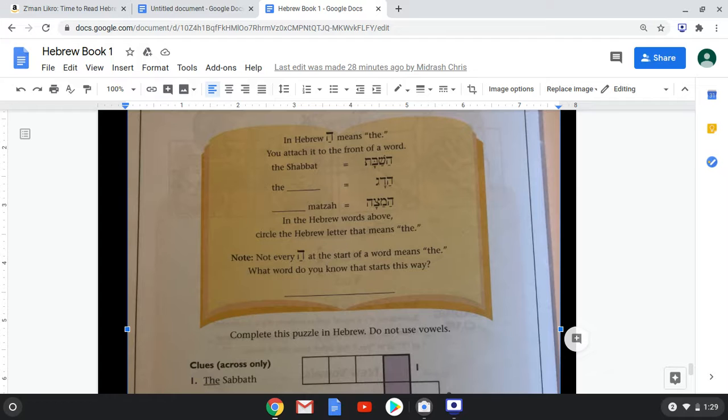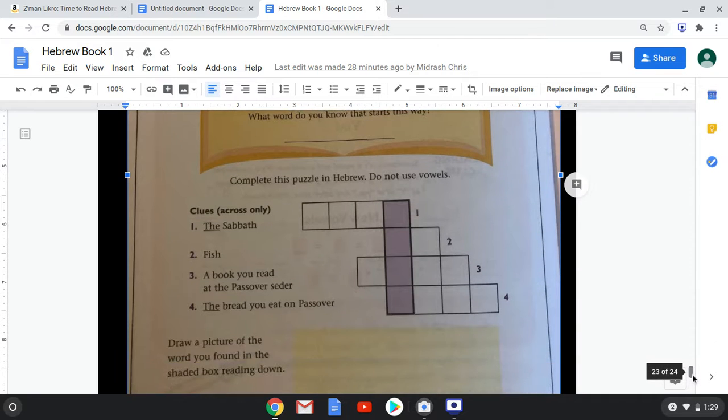Sometimes it's the beginning of a word. Okay, you complete the puzzle. The Sabbath, HaShabbat, fish, dag, a book that you read at the Passover Seder, Haggadah, the bread you eat on Passover, matzah.